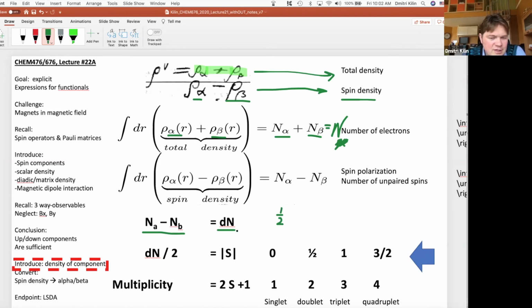So if we take this difference in number of electrons and divide by 2, we can call it spin. Now, if the amount of electrons is changed discretely in each orbital, what are the available values of this delta of number of electrons divided by 2, or absolute values of spin? Sarah?